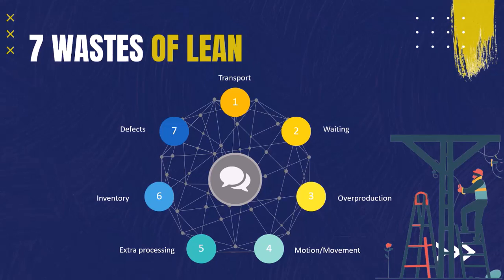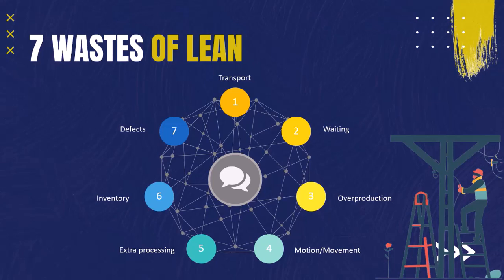Fifth, overproduction, and this is simply doing work before it is needed, which in the maintenance field would be having more maintenance tasks than actually needed for the asset. Sixth, extra processing, which is doing more work than necessary to facilitate a certain task, and in the maintenance field, this could be a lengthy process of work orders that must go through a lot of people, which would be a time waste.